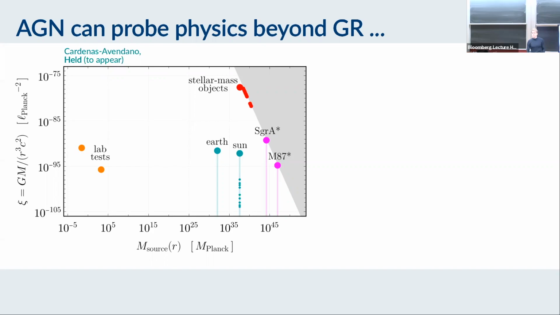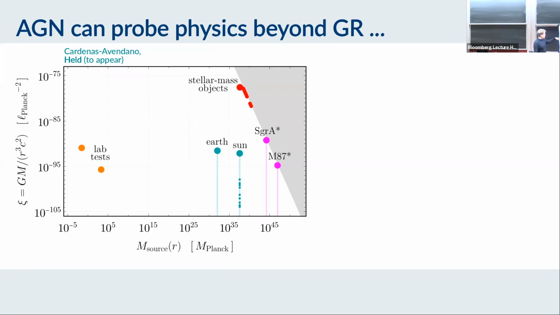But if you would pick different units, that wouldn't change the overall picture. On the x-axis, since I'm looking at stationary solutions, I'm plotting the integrated mass at infinity of that solution. And so it's the mass of the source, right? That's another parameter of your stationary solution.